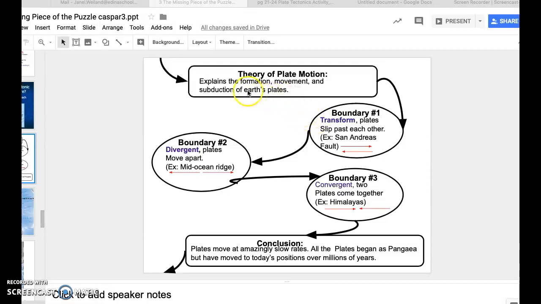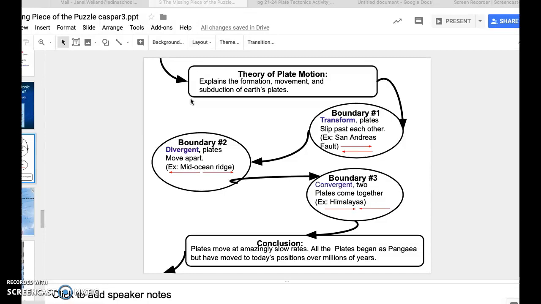So the theory of plate motion is the exact same thing as the theory of plate tectonics. So two different names for the same big idea. This theory, and again, remember in science, a theory is not a guess. It's a big idea backed up by a lot of evidence.